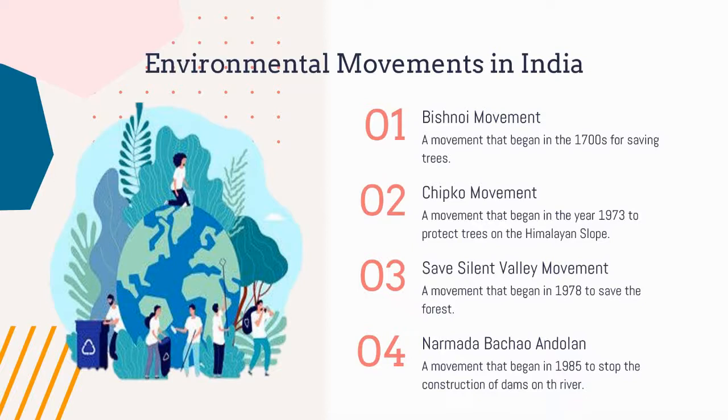The last movement we are going to talk about is the Narmada Bachao Andolan, NBA. This movement took place in the year 1985, in the states of Gujarat, Madhya Pradesh, and Maharashtra, basically fighting for the Narmada River, a social movement against a number of large dams being built across the Narmada.